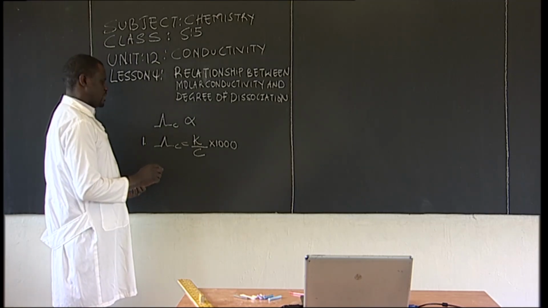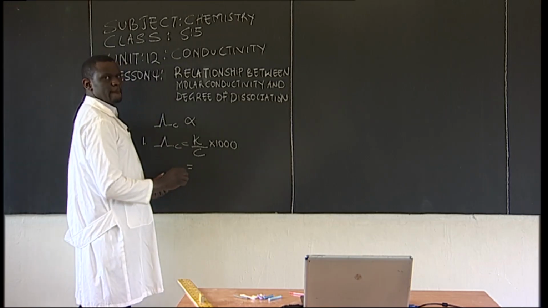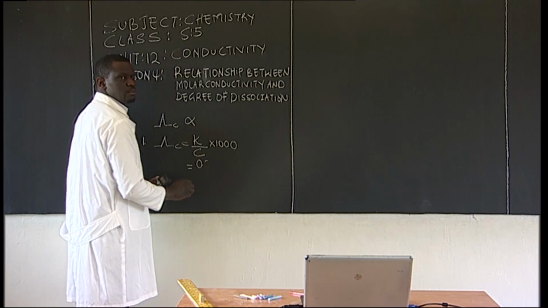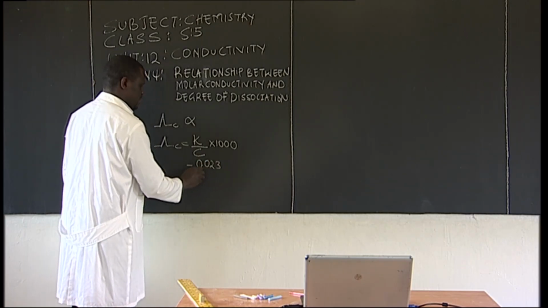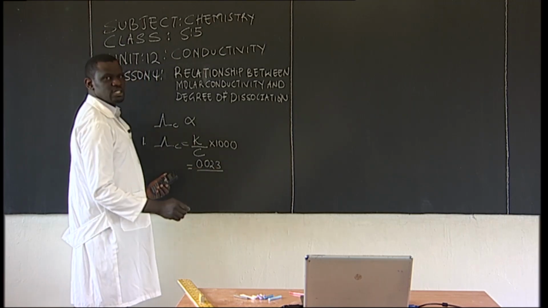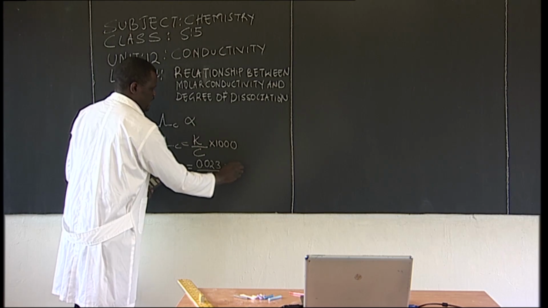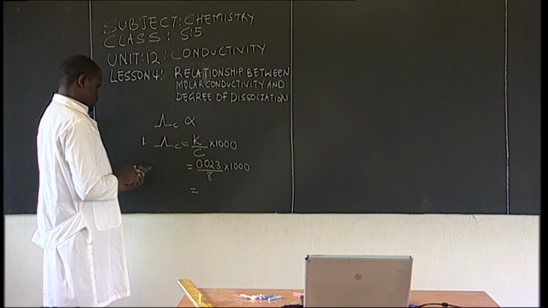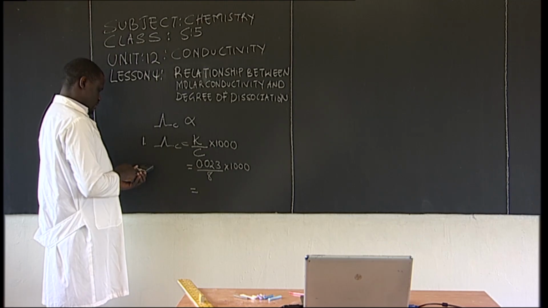Our K is 0.023 per ohm per centimeter, divided by C, which is 8, times 1,000.